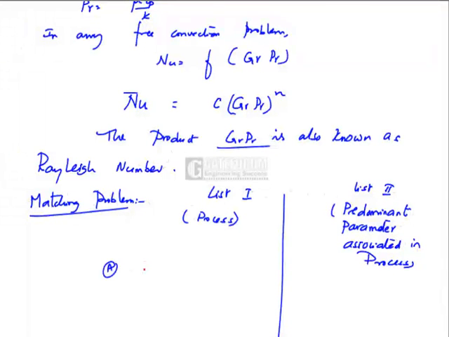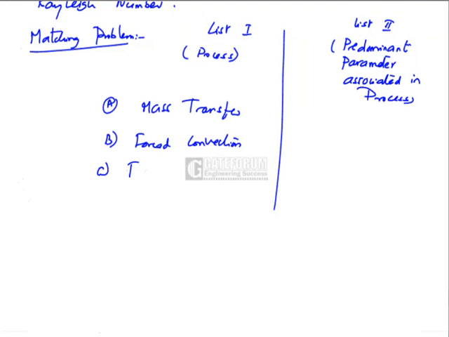Left hand side: A is mass transfer, B is forced convection, C is free convection, D is transient conduction, that is unsteady state conduction.